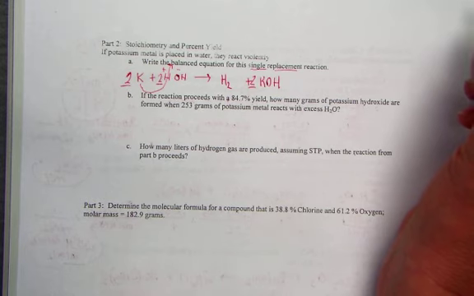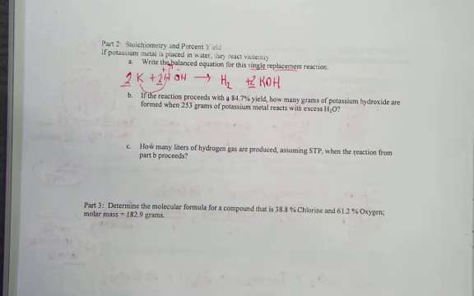Letter B says, if our reaction proceeds with an 84.7% yield, how many grams of our base, potassium hydroxide, are formed when 253 grams of potassium metal reacts with excess water? It's a mass problem where we'll end up taking 84.7% of our answer.